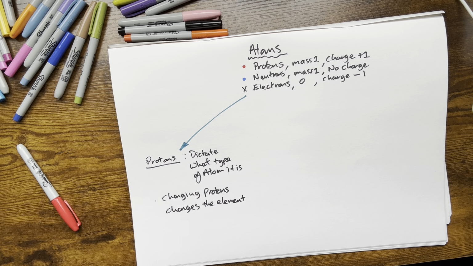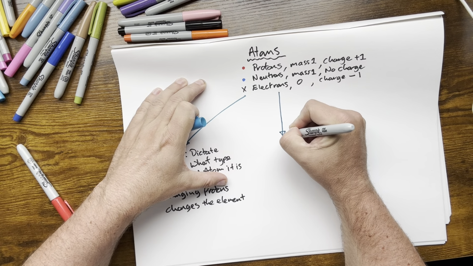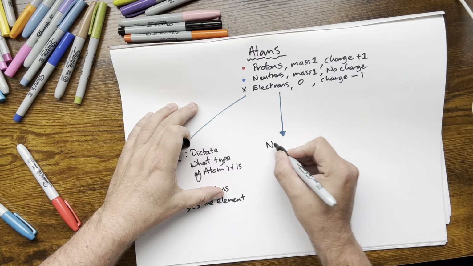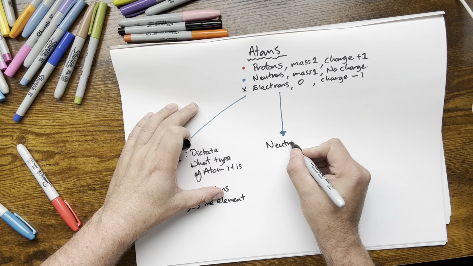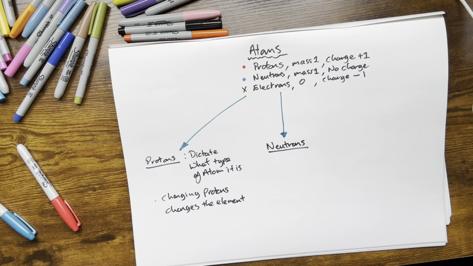Okay, let's look at neutrons. So neutrons have mass. So when you change the number of neutrons, you don't change essentially what that element is. It will still be helium, it will still be hydrogen, it will still be uranium. But when you add extra neutrons, its mass changes.